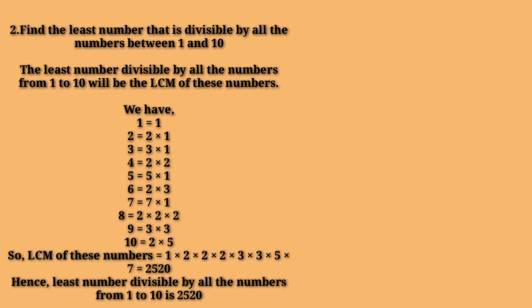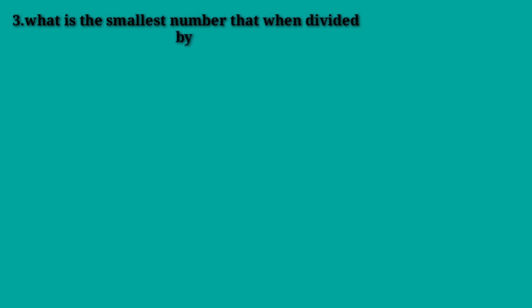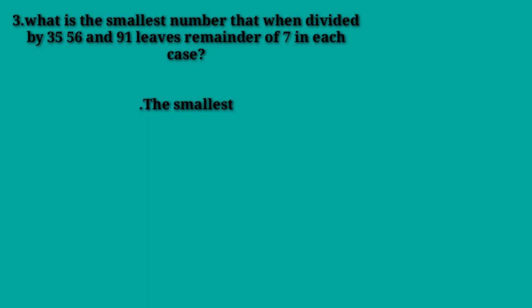Question number 3 states: what is the smallest number that when divided by 35, 56 and 91 leaves a remainder of 7 in each case? So students, here you will have to find the smallest number.